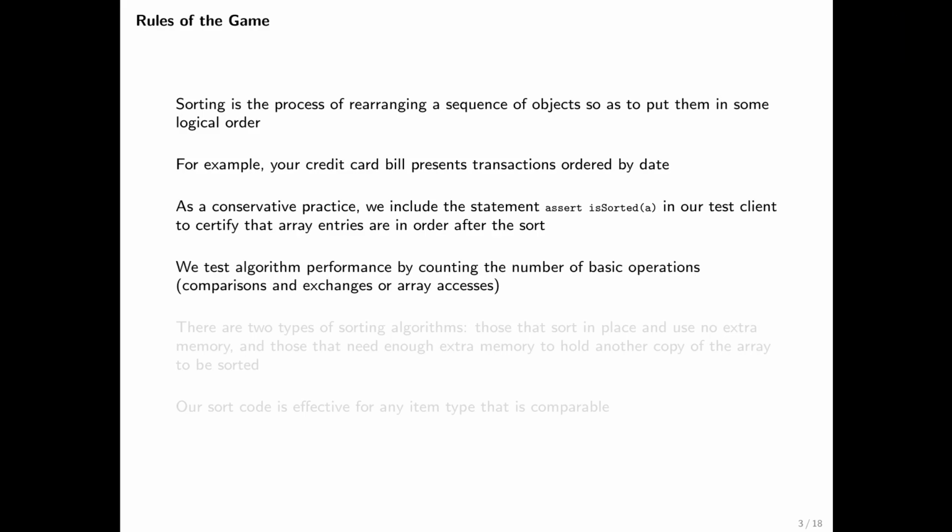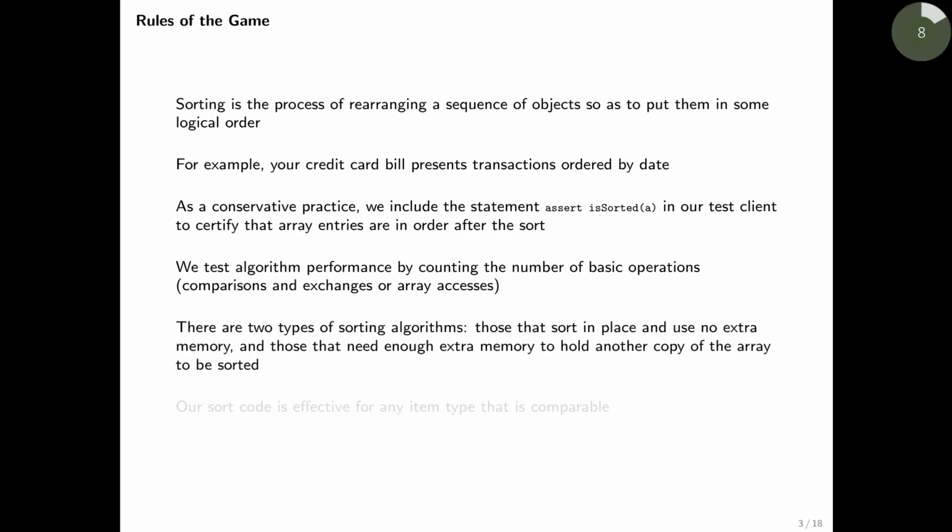Now, how do we compare two sorting algorithms? Well, we're going to compare the performance of two sorting algorithms by simply counting the number of basic operations, which are going to be comparisons and exchanges or array accesses. So those are the operations that we're going to keep track of in comparing two sorting algorithms. Now, there are two types of sorting algorithms. Ones that sort in place and use no extra memory. And these are called in-place sorting algorithms.